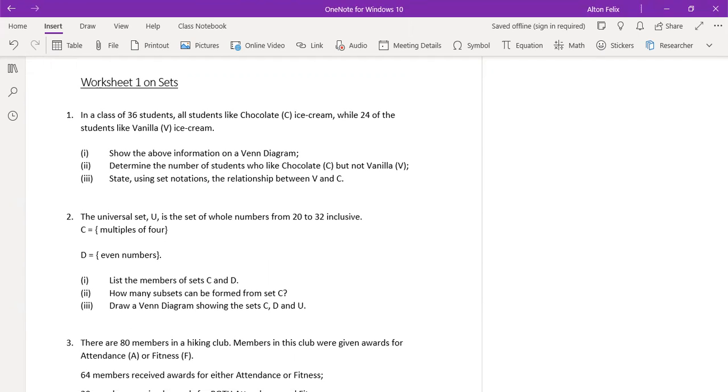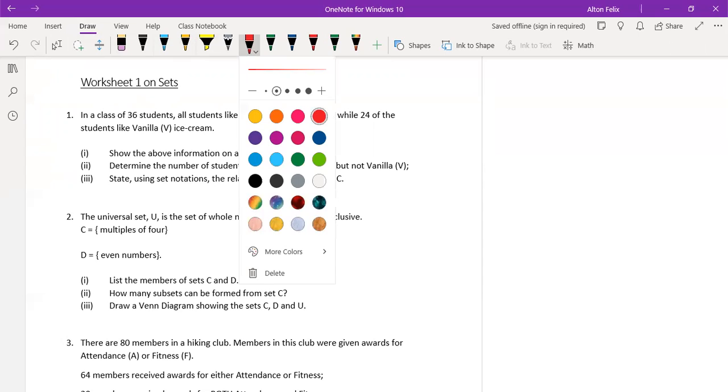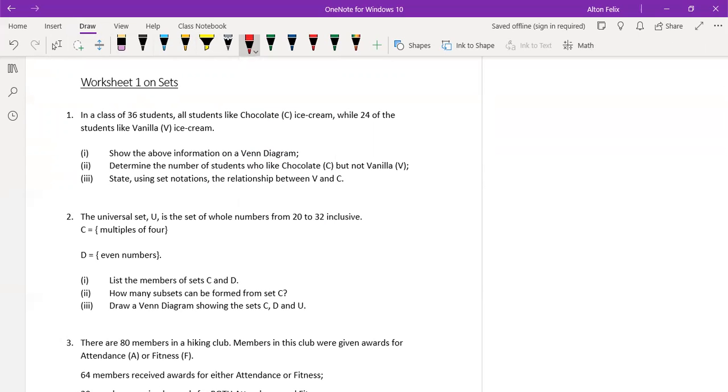Okay, so you could go straight into this question. So if you're showing this on a Venn diagram, all of these students like chocolate ice cream. So your chocolate set, so to speak, which we'll call C, will represent a universal set. 24 of the students like vanilla.